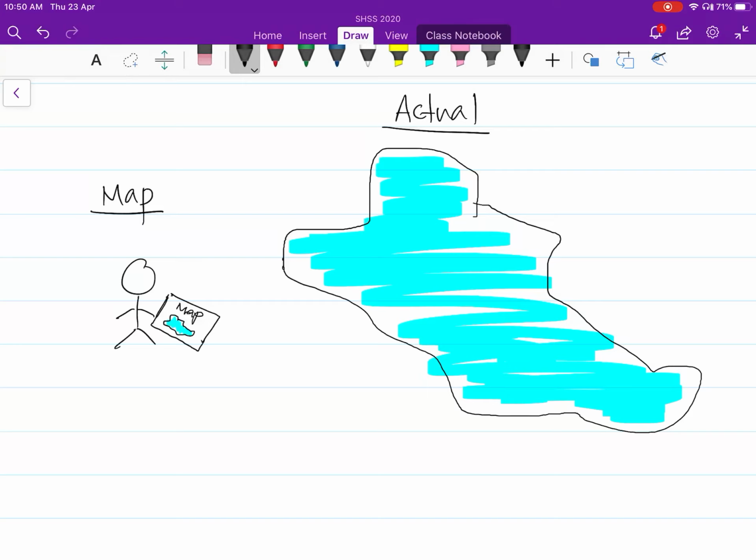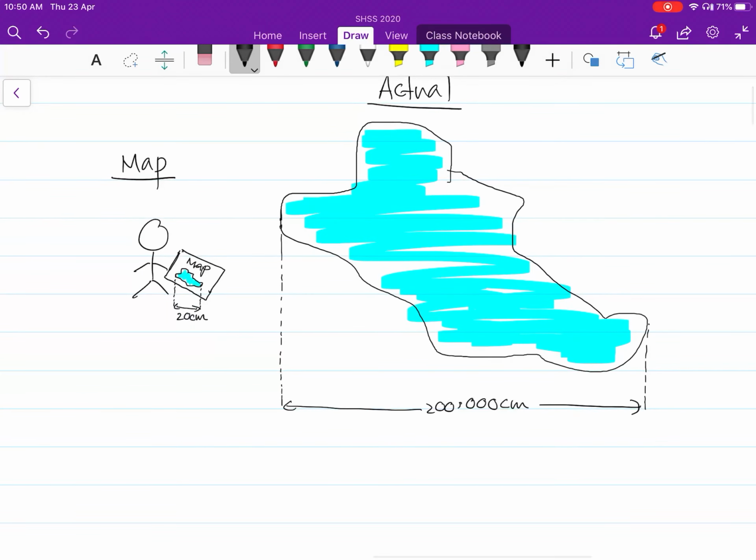Now, for example, if he were to measure this length to this length on his map, and he measures it to be 20 cm, and in actual fact the real lake measures 200,000 cm, the map is said to have a scale.